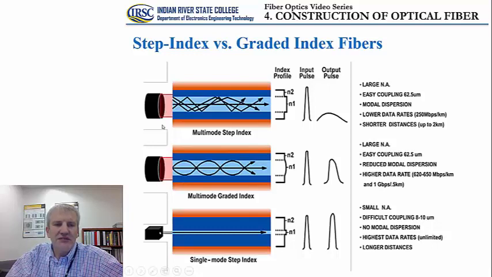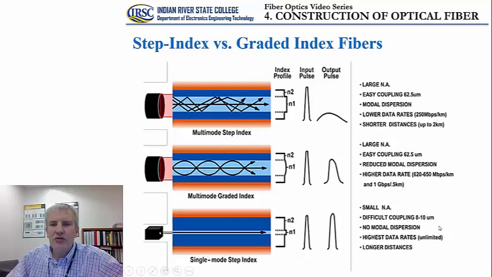So the light source that's being used for multi-mode fiber is much larger and much cheaper compared to the light source that's being used to couple the light into the single mode fiber. That's basically what has been elaborated on the first two bullet points for each of these fibers.